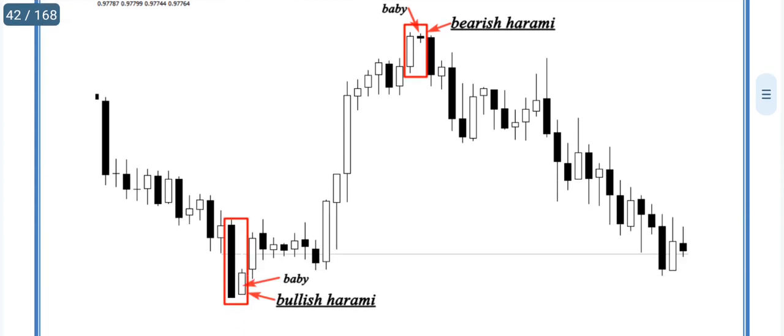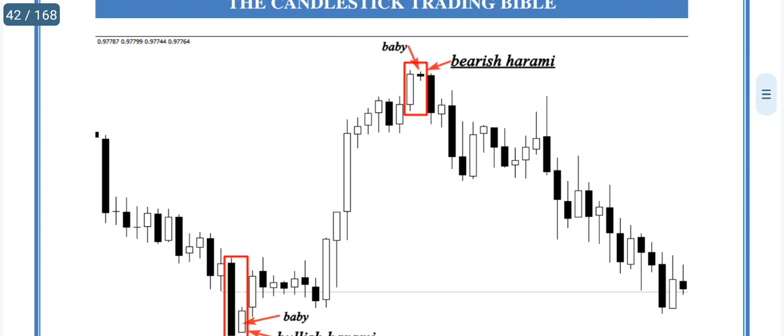But here, the baby candle is formed in the uptrend and covered by the mother candle.